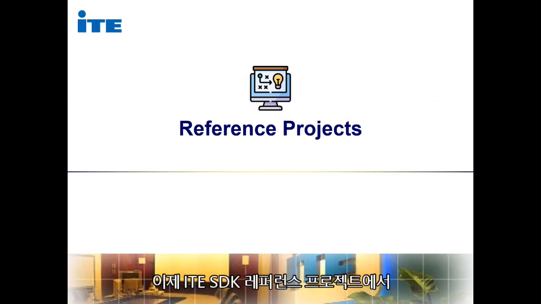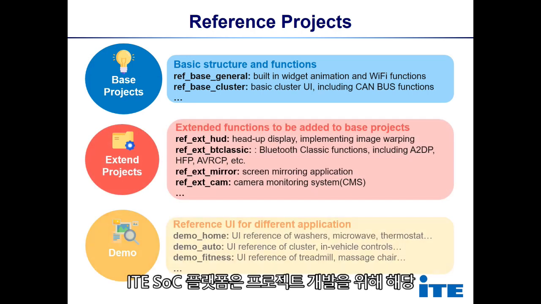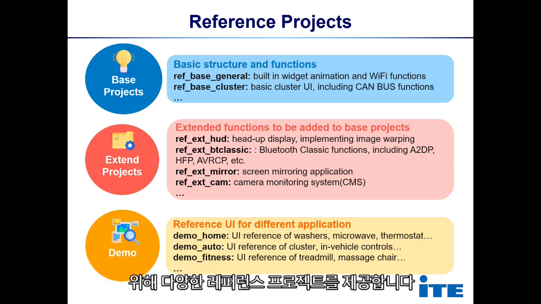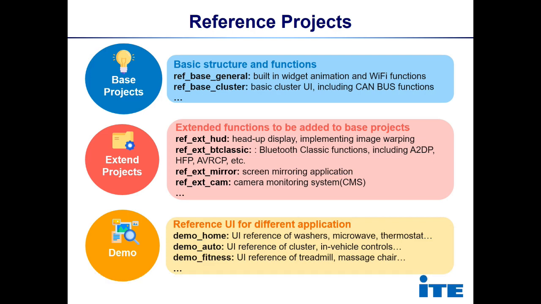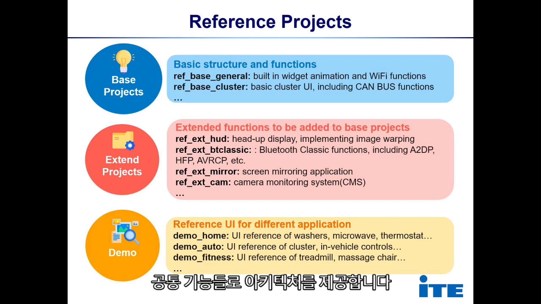Here we introduce the most important element in the ITE SDK, reference project. The ITE SoC platform provides a variety of reference projects to meet the needs of customers who want to find a corresponding reference architecture for their project development. Different reference projects provide architectures with the common functions of the application.